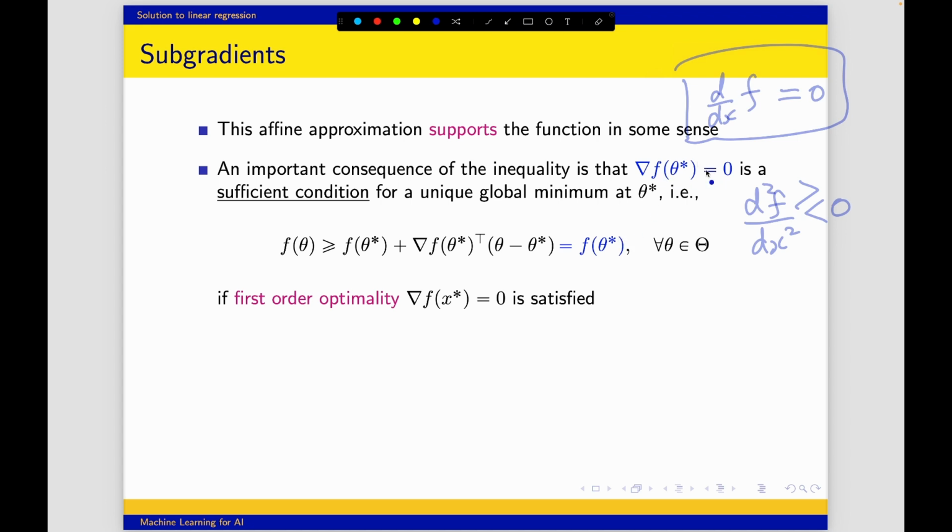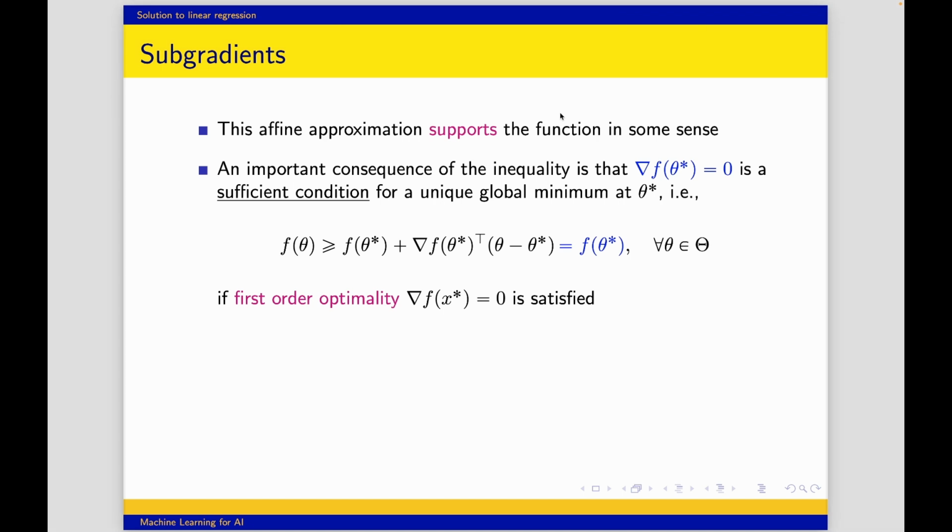So this is enough, or in the multivariate case, this would be the gradient of f equals the zero vector. We don't need to know the second derivative. The second derivative in this case would be what we call the Hessian matrix, which is a measure of curvature if we consider the eigen directions of the Hessian, but we're not going to do that here. That's all explained in the multivariate vector and matrix calculus videos.